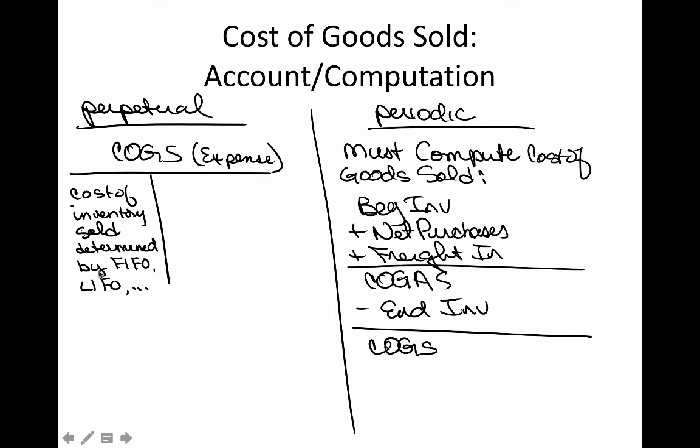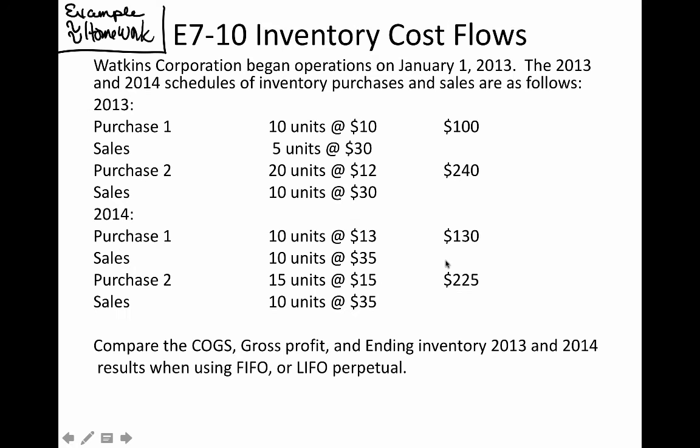Cost of goods sold under perpetual is an account. Periodic, you compute cost of goods sold. So same problem as before.